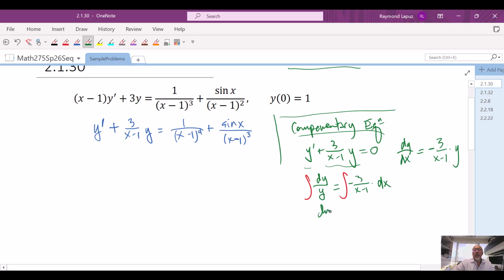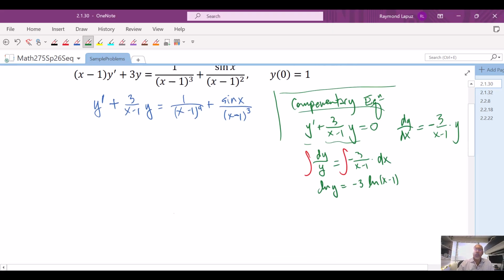This is going to be the ln of y, and this is going to be a negative 3 times ln of x minus 1. The plus c here is not going to matter, and I think maybe even the x minus 1 business. Normally we would find the absolute value of this, but we'll leave it as such for now. And I think we're going to need to use some laws of the logarithm to simplify this a little bit, because we generally want to solve for y.